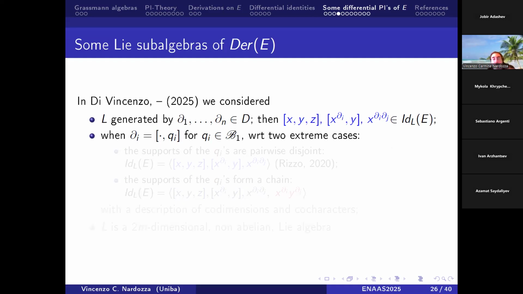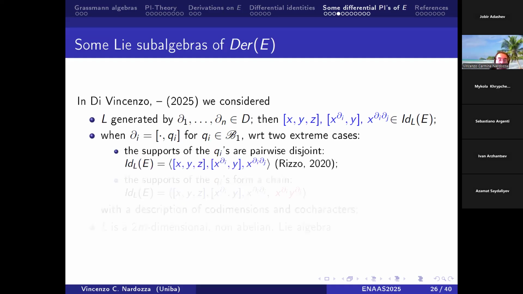Actually, we consider just two extreme, opposite cases. In the first, the supports, that is, the sets of elements of the basis occurring in each of these elements, form pairwise disjoint subsets. This is the setting of Rizzo's original paper.